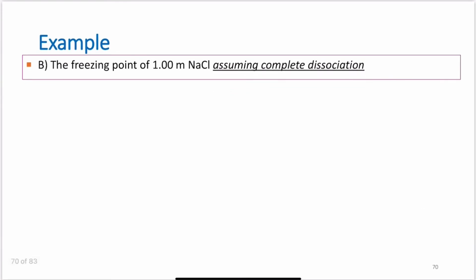The freezing point of a 1 molal sodium chloride solution, assuming complete dissociation. So again, NaCl breaks apart into Na+ ions and Cl- ions. That means it forms 2 moles, and we count the number of particles.